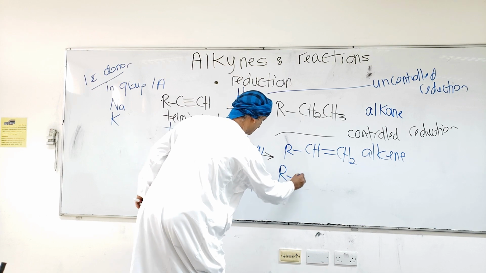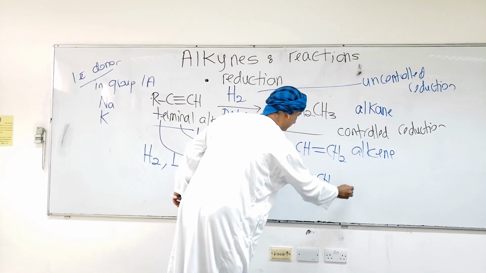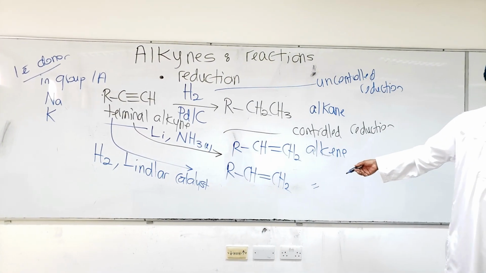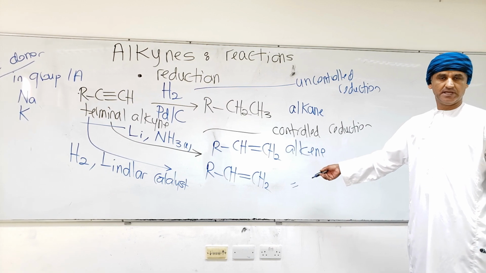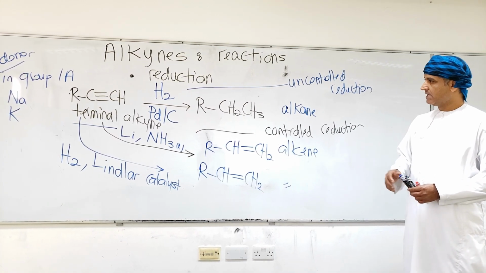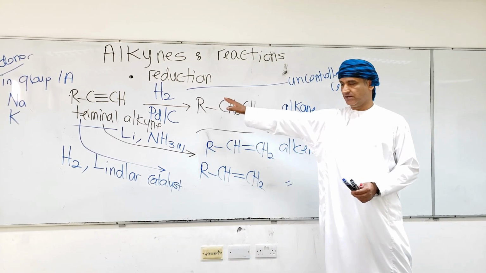So here also the reaction stops at the alkene stage, and this alkene is produced in a second method on how to control the reduction reaction of alkynes. Now, if you notice again, these conditions are similar to the hydrogenation conditions.